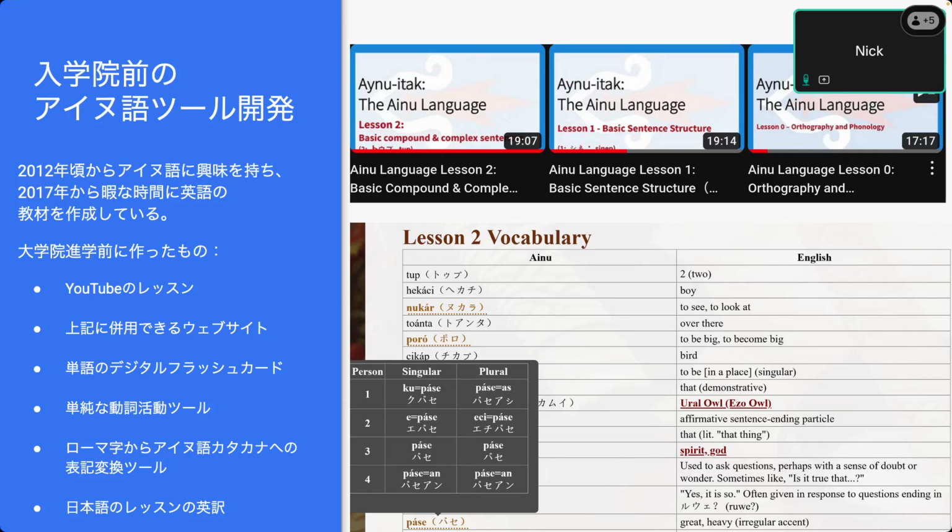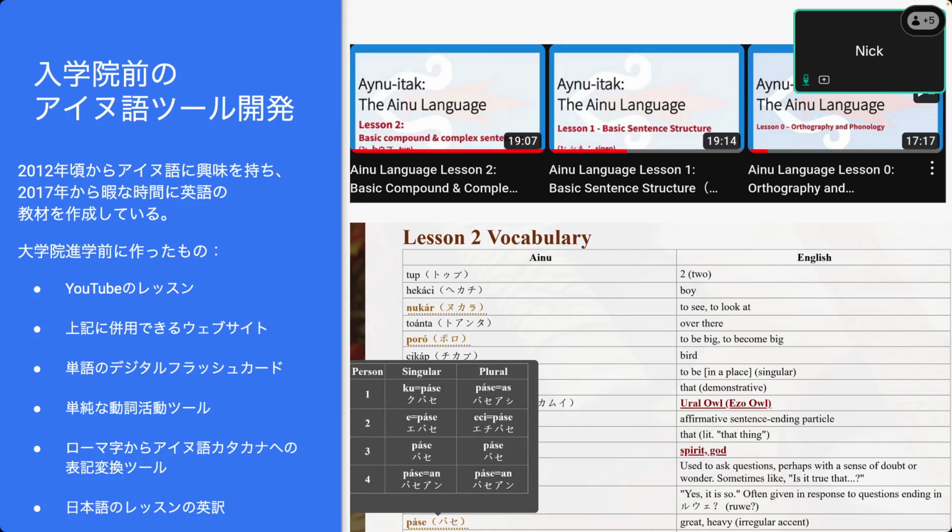I also produced a website to serve as a companion to the textbook for people who bought the textbook but couldn't actually read Japanese, so they could look at the Ainu dialogues in the textbook and then see the translations on the website.